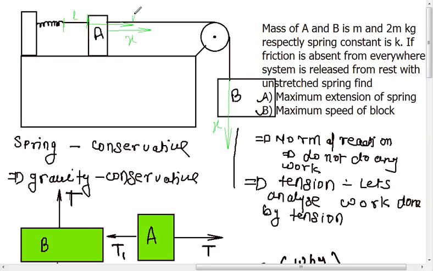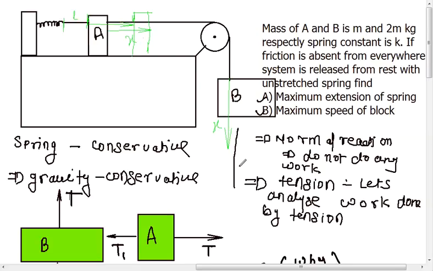Let's suppose this is the A, and block B is here. So if you look at it, the length of this string is going to be increased by amount x.